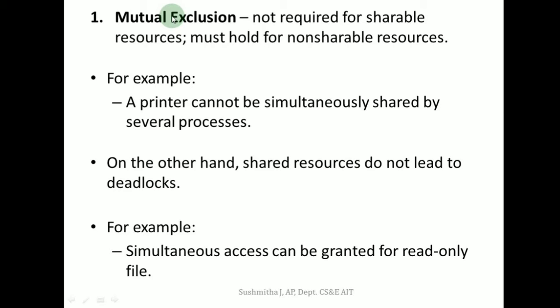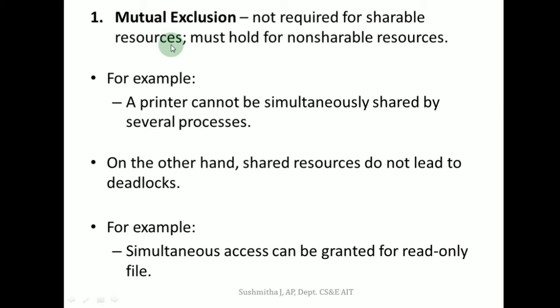So when we talk about the resources, it should not hold some non-shareable resources. For example, a printer can never be simultaneously shared by multiple processes. Only one process at a time can be using the printer. And if we consider a shared resource, such as a file, only a read-only file can be shared by multiple processes.